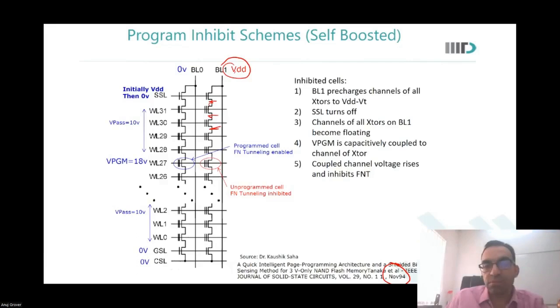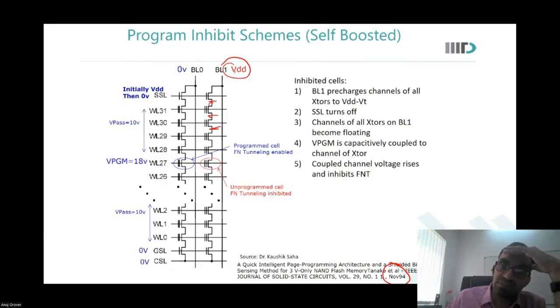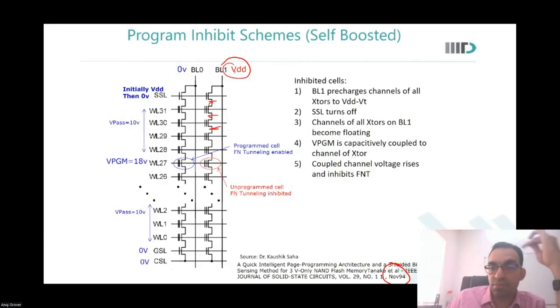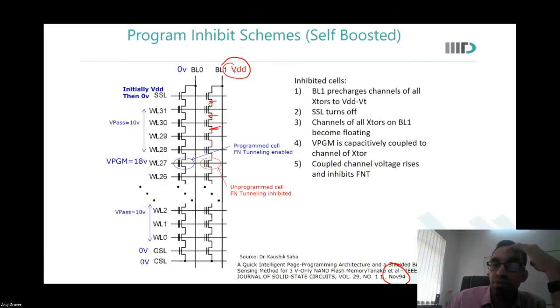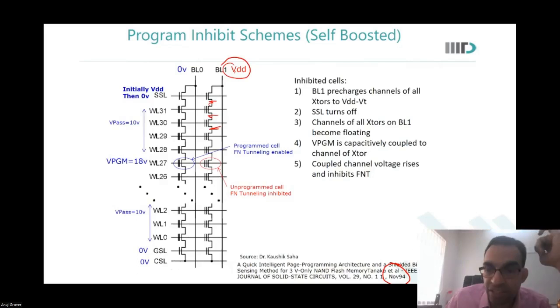Then SSL goes off. What happens? All the channels of all the transistors on BL1 become floating. Yes, sir. So in a way, you used VDD only. You reduced the supply voltage there.